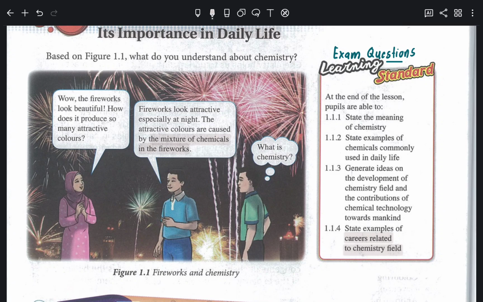So these things cause the fireworks to appear in color form. Sometimes you can see fireworks with green, sometimes red, sometimes orange color, and so on. So all of this is because of chemistry. The interactions between all the reagents, all the substances that you add, make it produce a colorful blast.